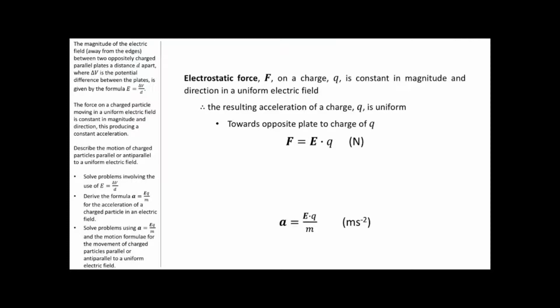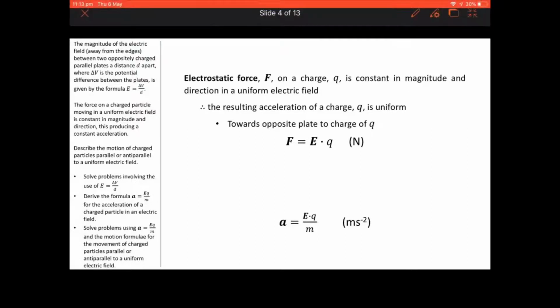Moving on to electrostatic force on a charged particle, or a charge Q. It's constant in magnitude and direction in a uniform electric field.